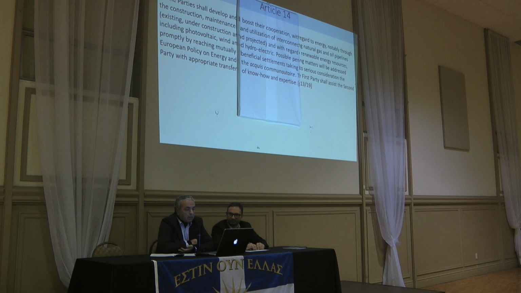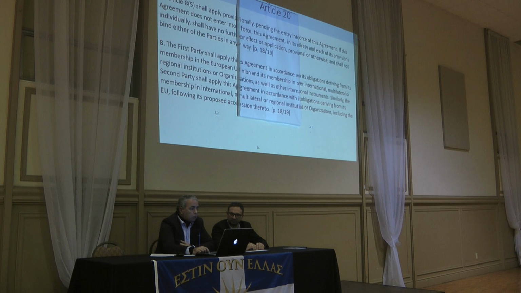It seems like a joke, because when you read Article 1 and Article 7, and you think that you have only two articles, you have a problem, because there are others. Okay, Article 20. You remember Article 8, Paragraph 5, but it reminds us that we will use this pre-agreement for international, multilateral, and regional institutions or organizations, including, of course, the EU.